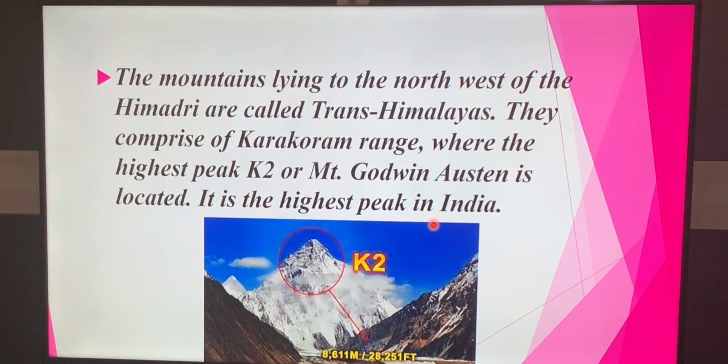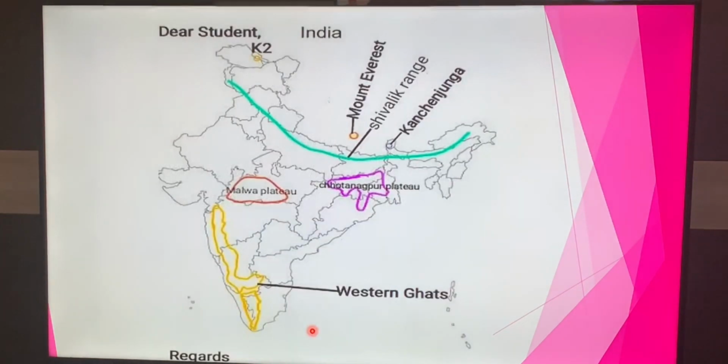It is the highest peak in India. It is here, K2. K2 is located in Jammu and Kashmir, and Kanchenjunga peak is located in the Greater Himalaya, that is in Sikkim.